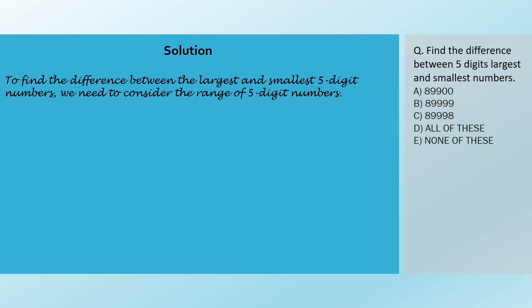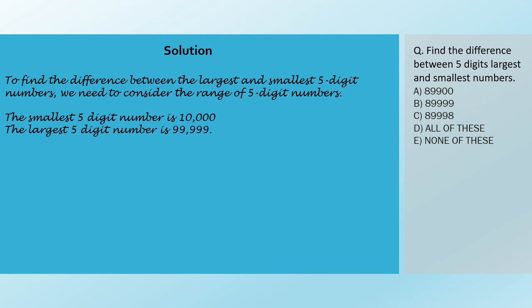To find the difference between the largest and the smallest 5 digit number, we need to first consider the range of 5 digit numbers. From the range, we need to find out the smallest number and the largest number. Here one thing we need to understand is how we get 10,000 as the smallest 5 digit number.